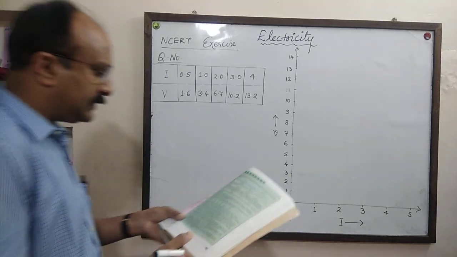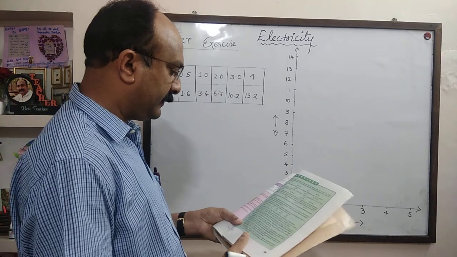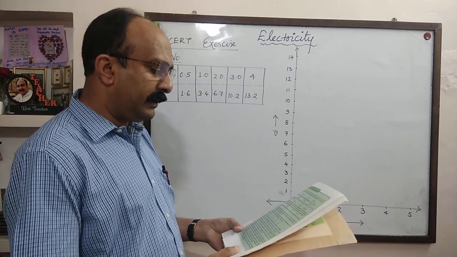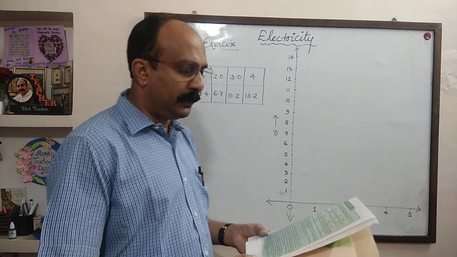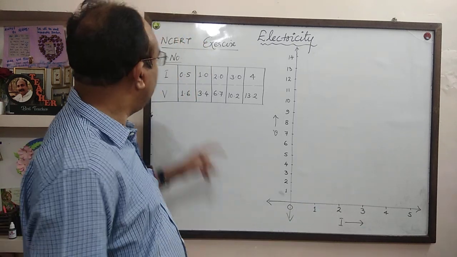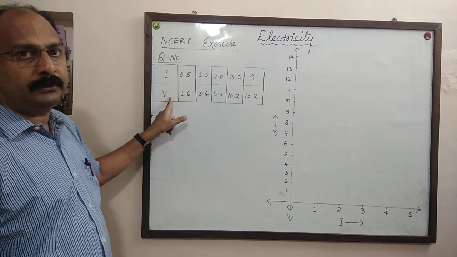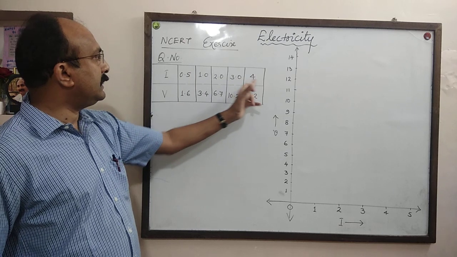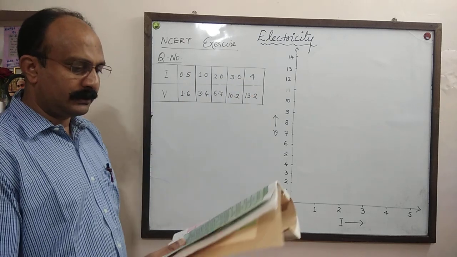Now see the next question, that is question number 7. The values of current I flowing in a given resistor for the corresponding values of potential difference V across the resistor are given below. These are the I values and these are the V values.